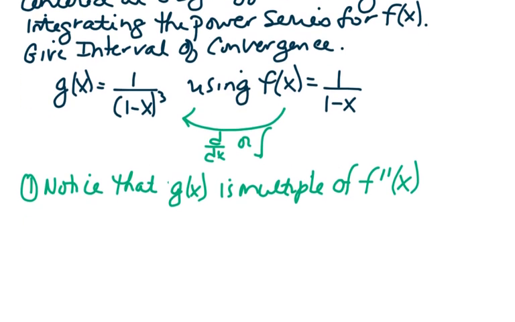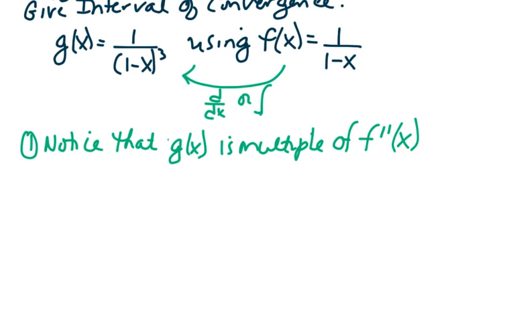So let's look at that. f of x is equal to, I'm going to rewrite it in terms of a negative exponent. Right, that's f of x.